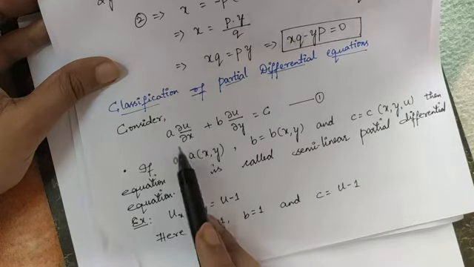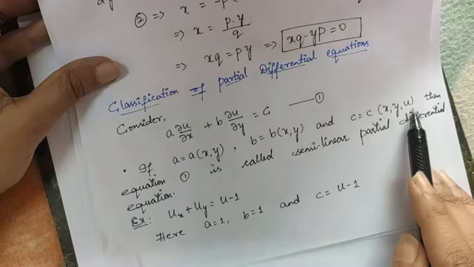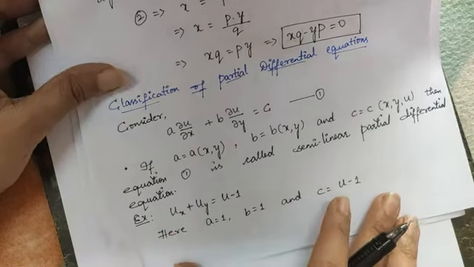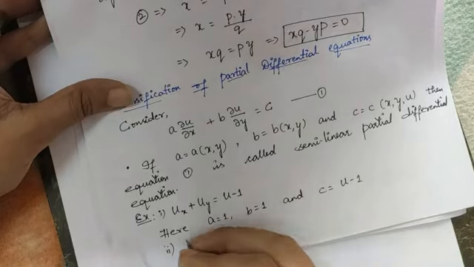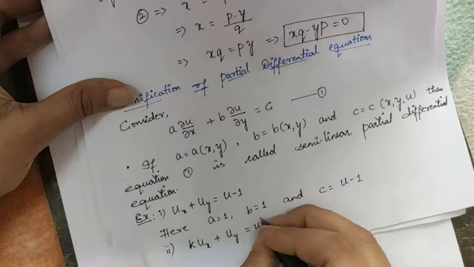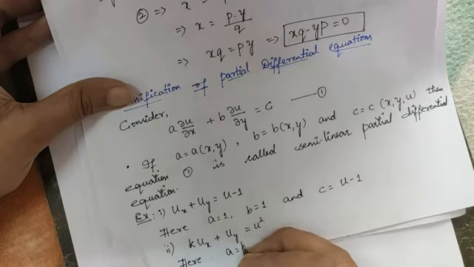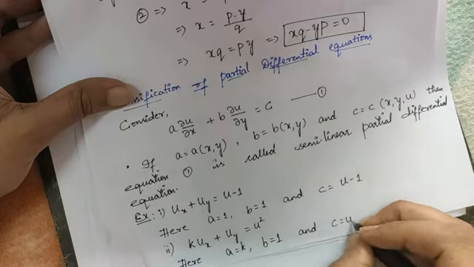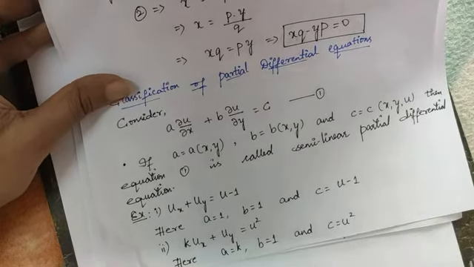So you can say that A is constant, B is constant and C is a function of u. So this is an example for a semi-linear partial differential equation. Or your equation may be in the form of k u_x + u_y = u². Here A = k, B = 1 and C = u², right? So this is also an example for a semi-linear partial differential equation.